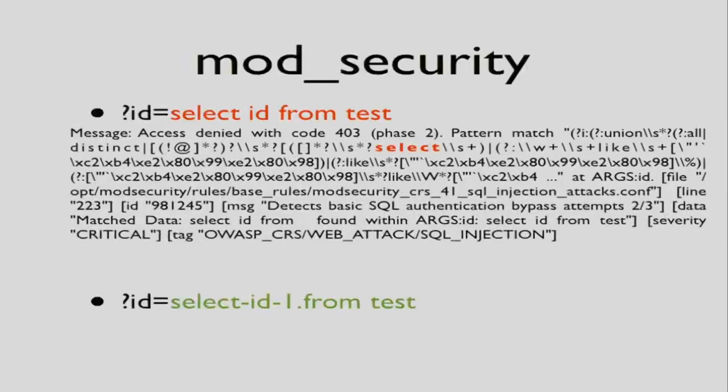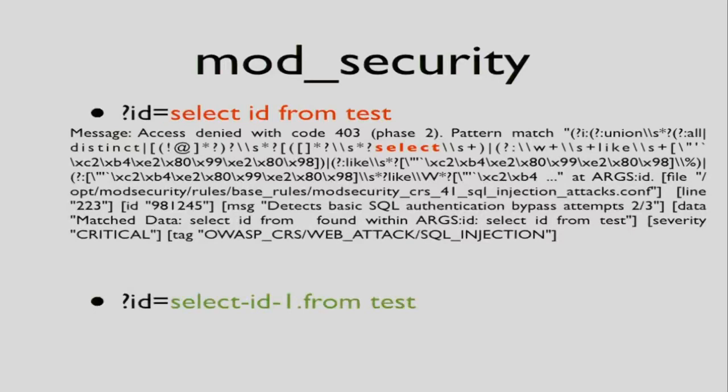And we've gathered the information: select id from test. The regular expression is based upon the word select and upon the word from. Of course, we did not fit the entire line here, it's too long.